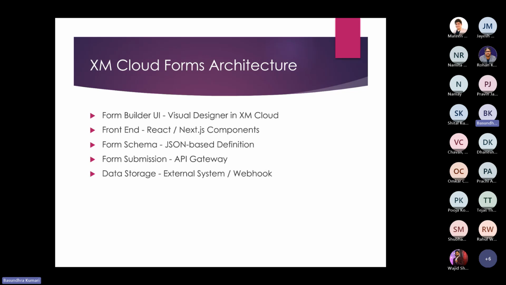Basically, you drag and drop a form visually, and the front end is headless, so you can use React, Next, or whatever you want. A JSON-based schema is ready behind it, and for form submission you just give an API URL, and it will save into the external system via webhook.